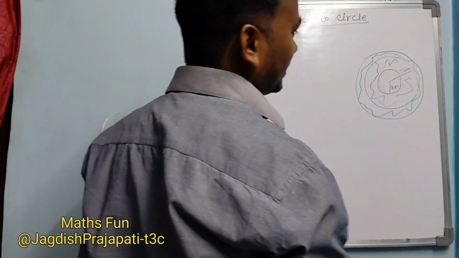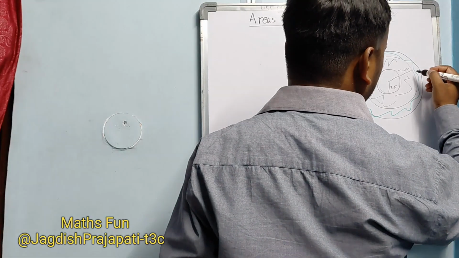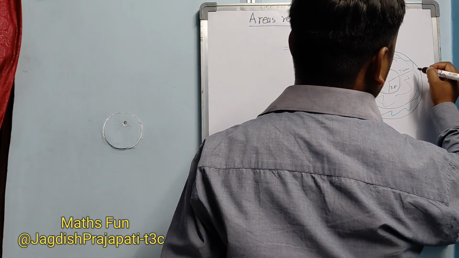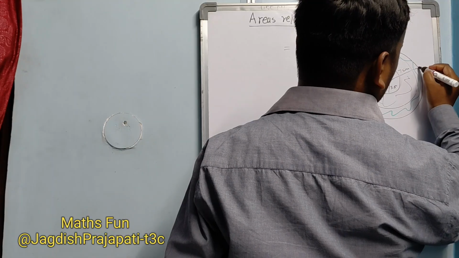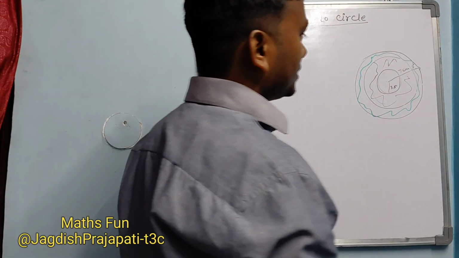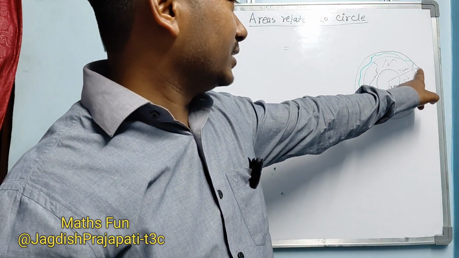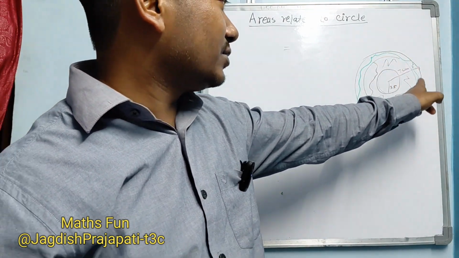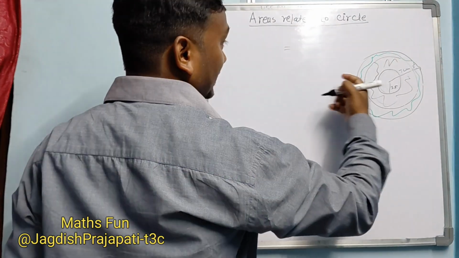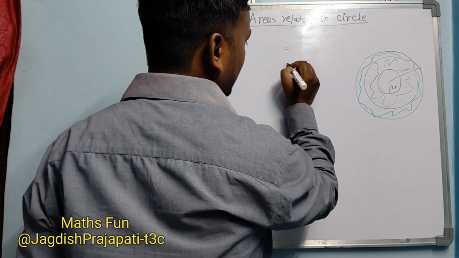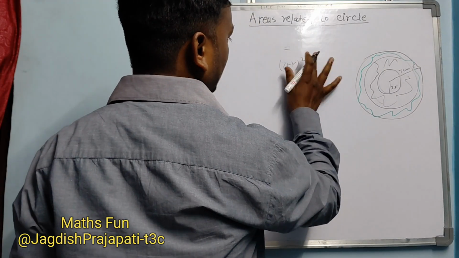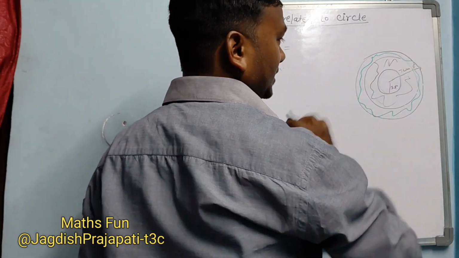So how can we find that? Let's say this is r, from here to here. Since we don't know the width of this path, we can assume it is r. Therefore the radius will be 7 plus r.